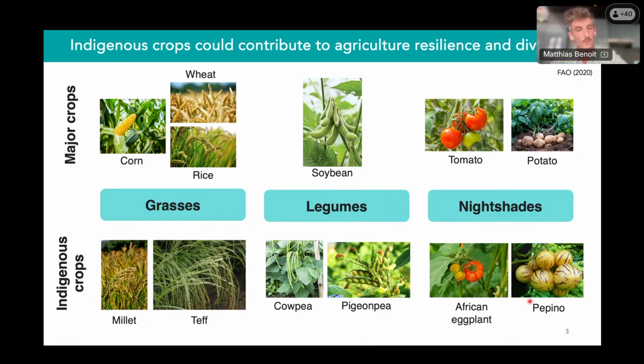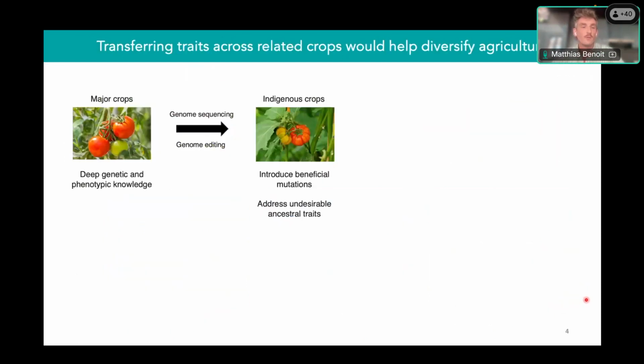The main issue with those indigenous crops, if we want to introduce them in our industrialized food systems, is that they have lacked in-depth domestication and breeding, and they still retain quite a lot of ancestral traits that are undesirable for modern agriculture. One way to fix that would be to use the knowledge we have acquired over the years in the modern crops, such as deep genetic knowledge of DNA mutations and how it is linked to phenotypes.